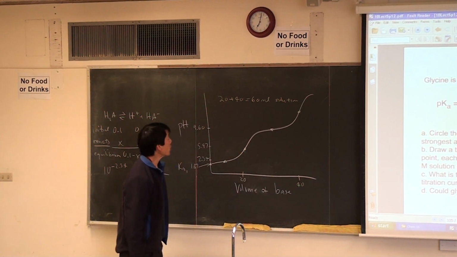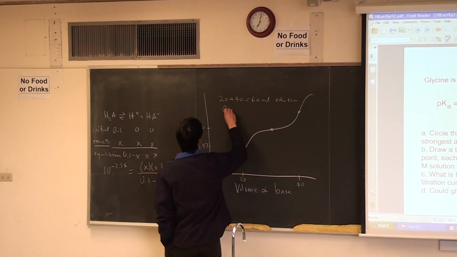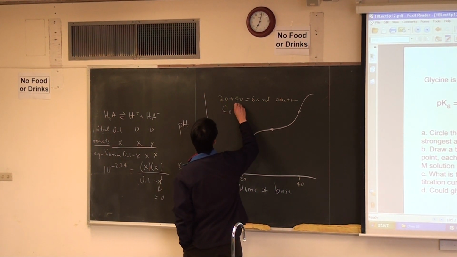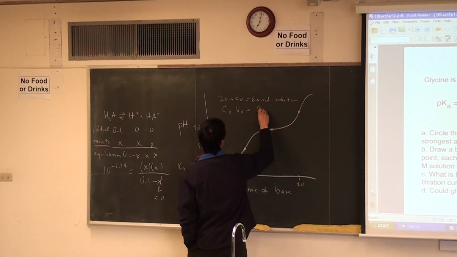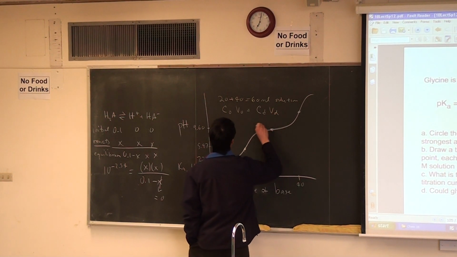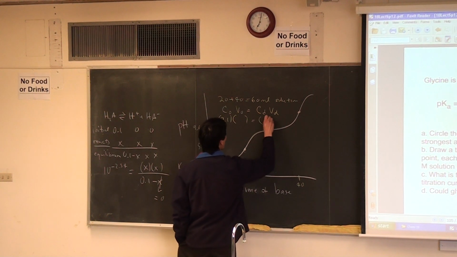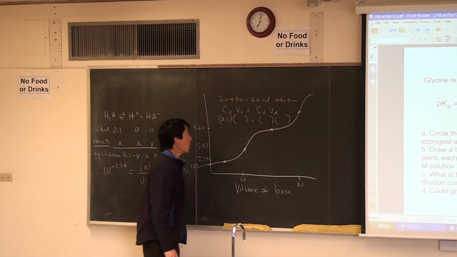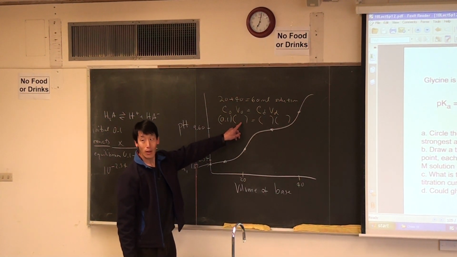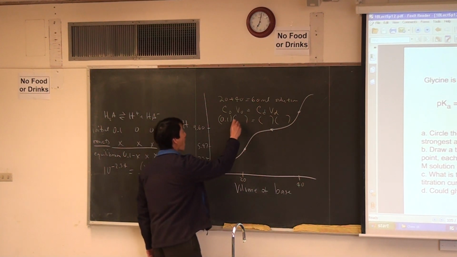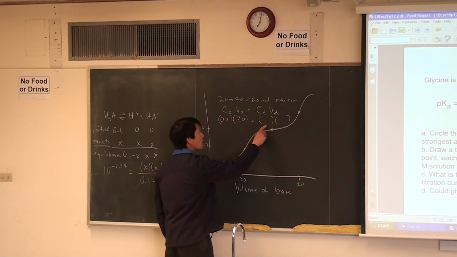So if we use our dilution equation, we have C original times V original equals C dilute times V dilute. So if we have 0.1 times something, what goes in this box here? What goes in this one?